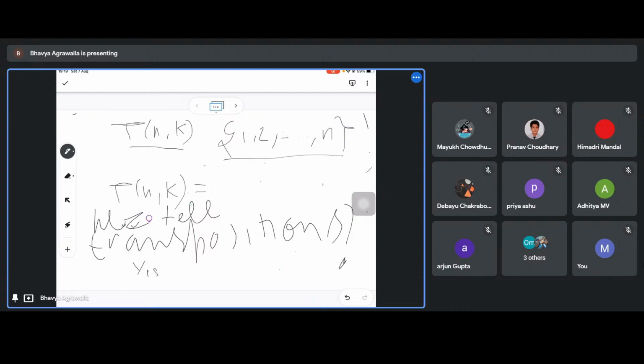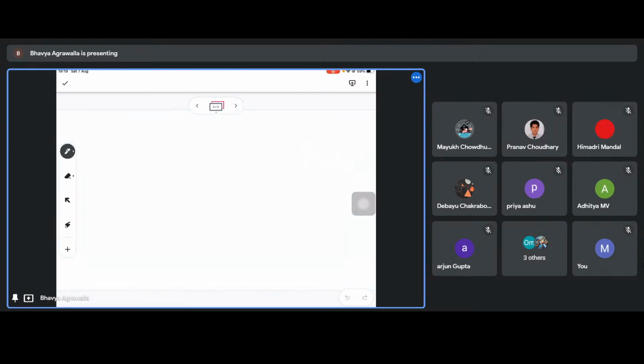One question: what is the definition of a transposition? Okay, suppose you have a permutation of, let's say, 1 2 3 4, and that permutation is 4 2 1 3, and you have to find the number of transpositions in this.